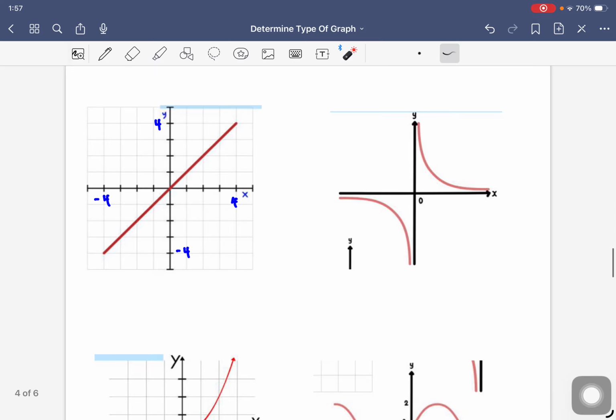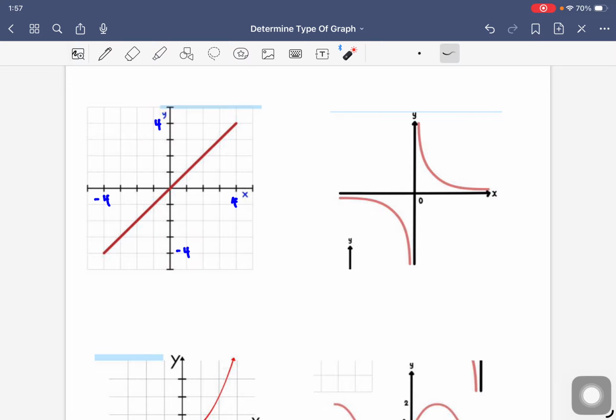Okay, but for the odd graph, your graph will be on the bottom side and upper side. We also have to make sure the bottom side and the upper side have the same value. It must be the same value, meaning that if the upper side is positive 4, the bottom side must be negative 4.